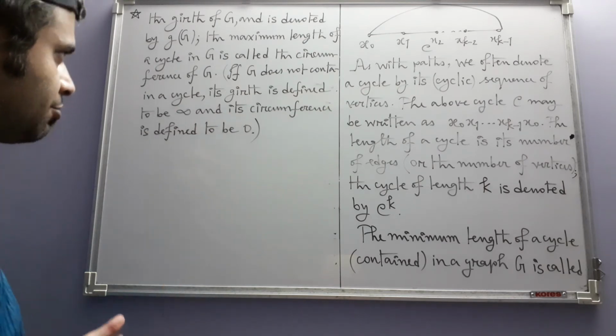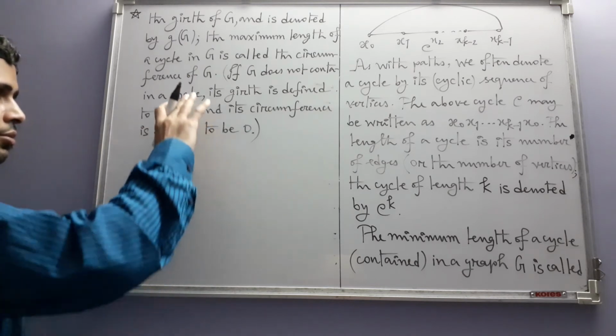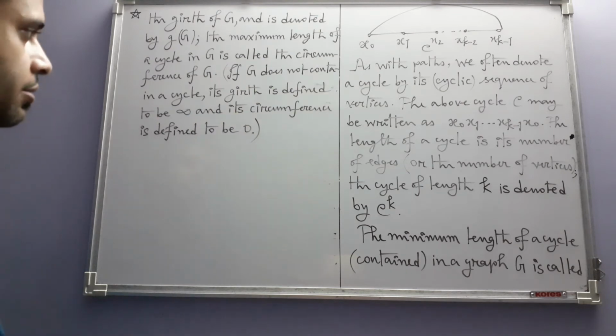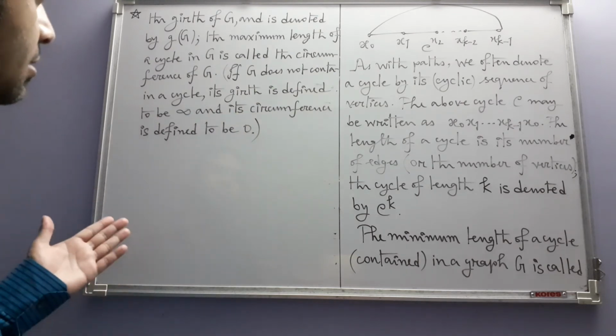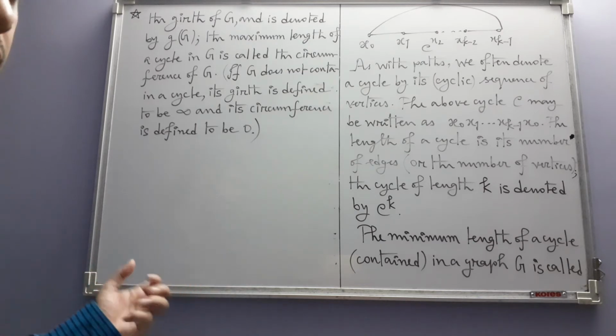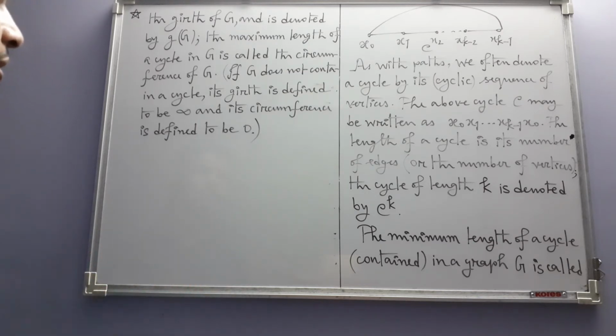I would suggest that you try to draw an analogy between that and this situation, because although the graph is there, it does not have a cycle, so what can you possibly define the girth and circumference to be?